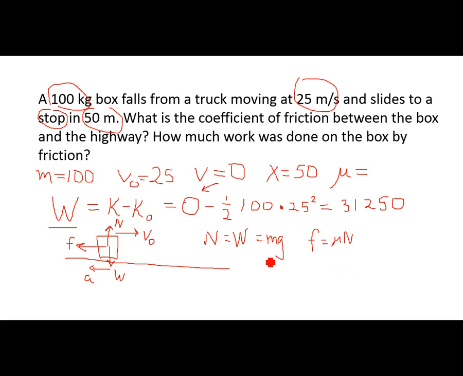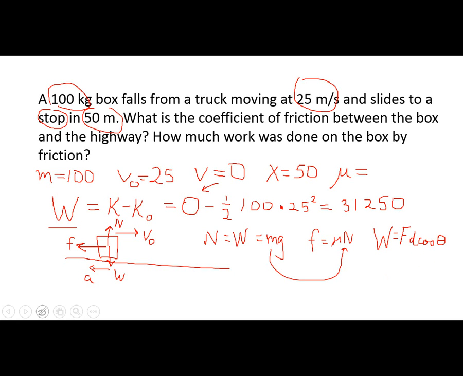So we can put in mg for the normal force. We've got an expression for friction, and our definition of work is the force, right? Let's write that down here. Force that we're dealing with times the distance times the cosine of the angle between the force and the displacement d, the distance that we travel.